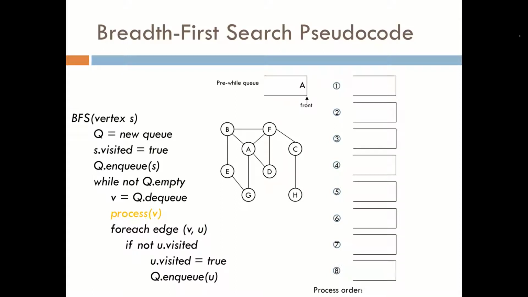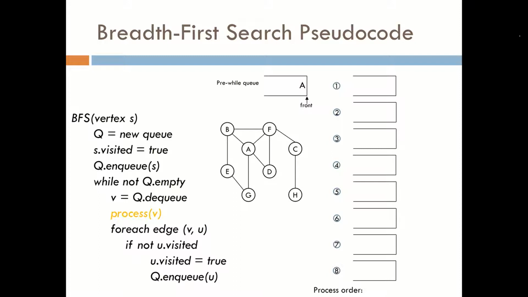And while we use a stack in depth first search, we will use a queue for breadth first search. So we will instantiate a queue. Once again, we will use the same graph and start at the same node. So we will begin at node A. And there's a slight difference here.